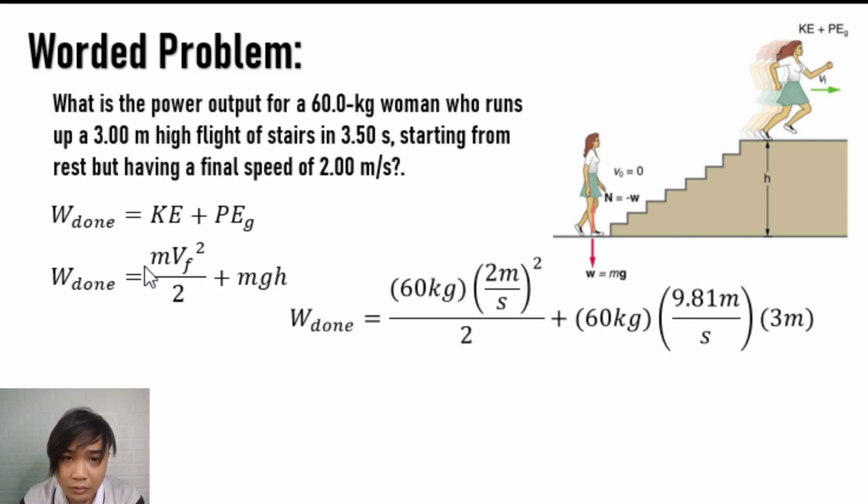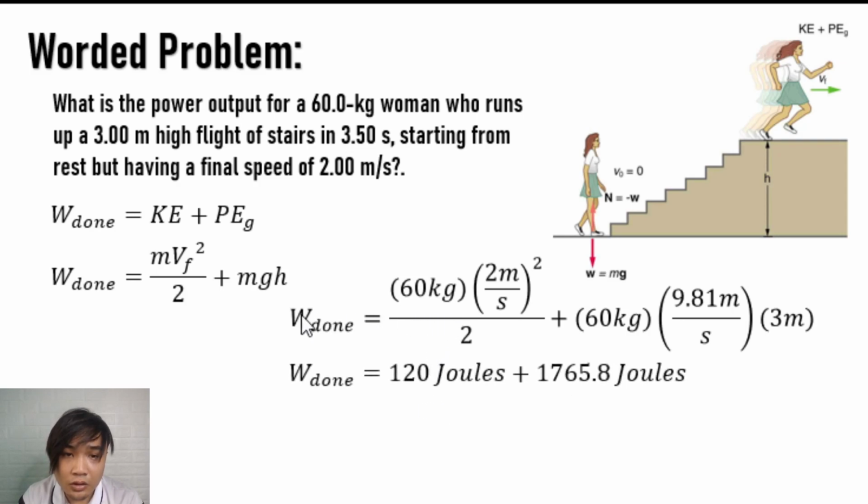Meron tayo dito, mass is 60 kg, final velocity is 2 meter per second, over 2 plus mass ulit 60 kg, gravitational acceleration is 9.81 meter per second squared. And the height is 3 meters.